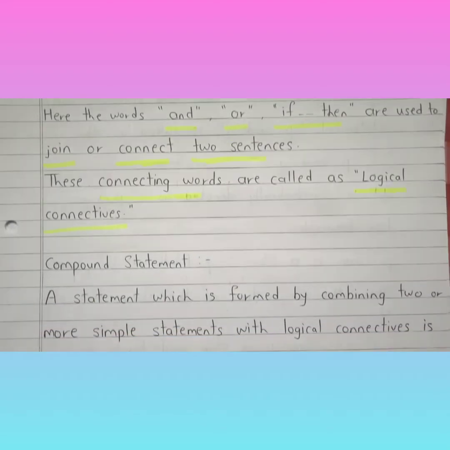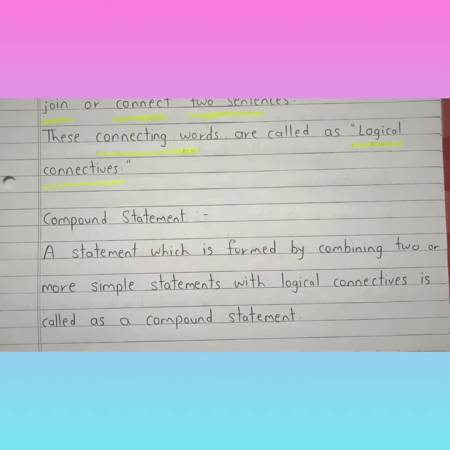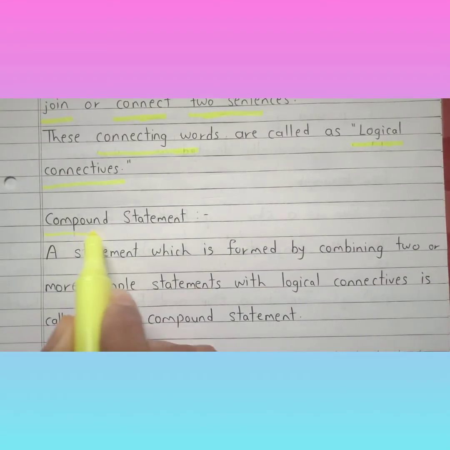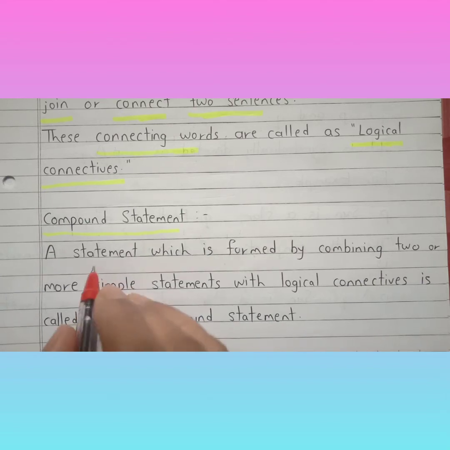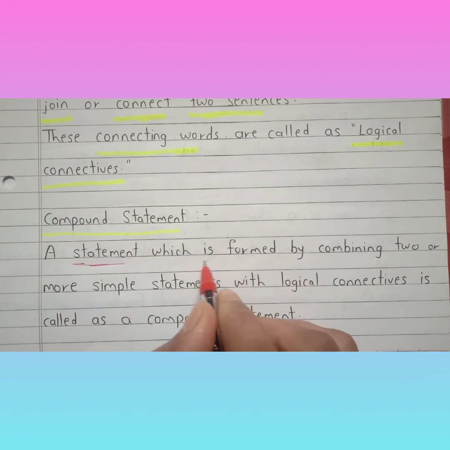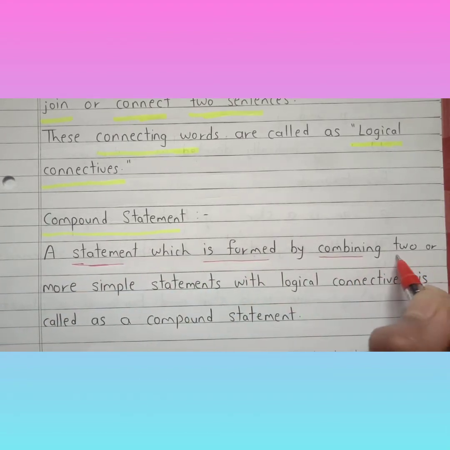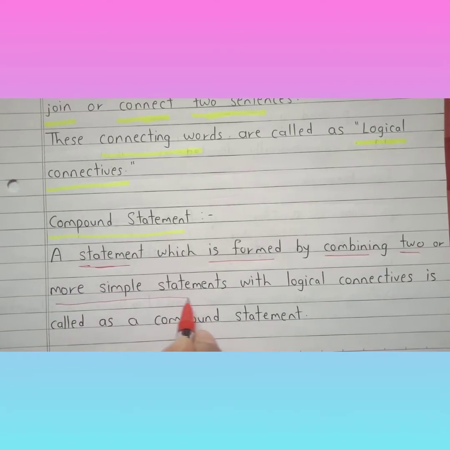Now let's see one more concept before going further, that is compound statement. Till now, in the previous video we have seen some types of statements. All those were simple statements. So what is a compound statement? A statement which is formed by combining two or more simple statements.